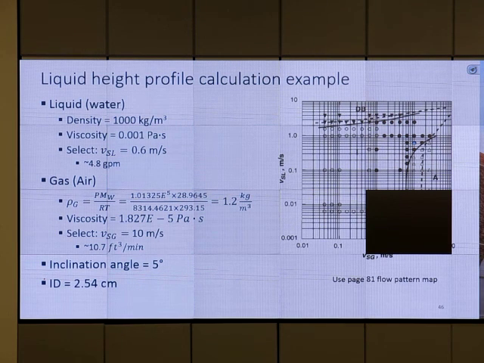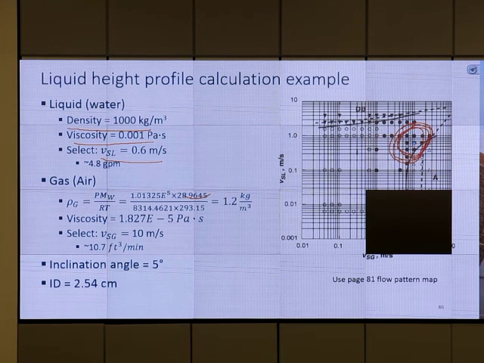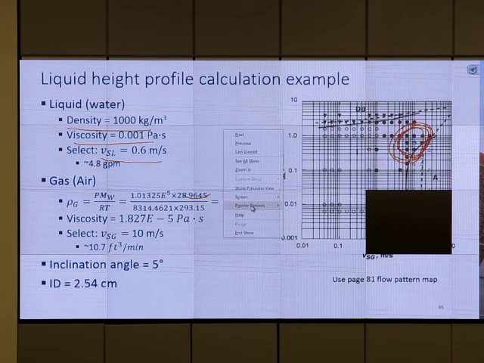So for the liquid profile calculation example, I use the flow pattern map, page 81, and select this part. See that part? Okay. Density of the liquid phase, which is water, viscosity, VSL, I set it to be that much. VSG, okay, pay attention to your VSG.